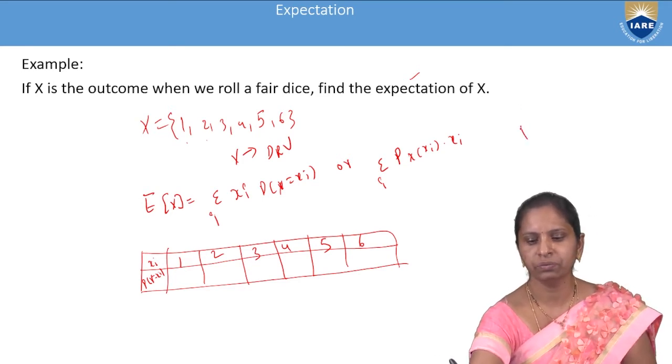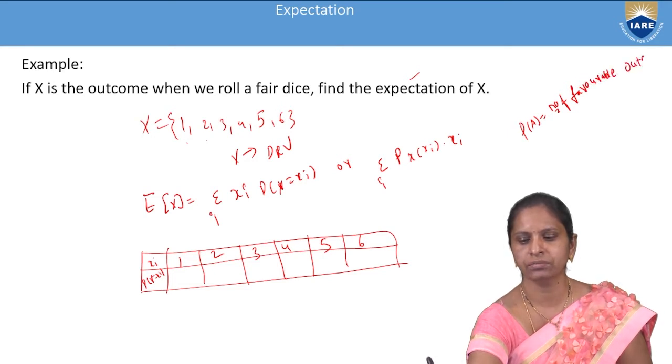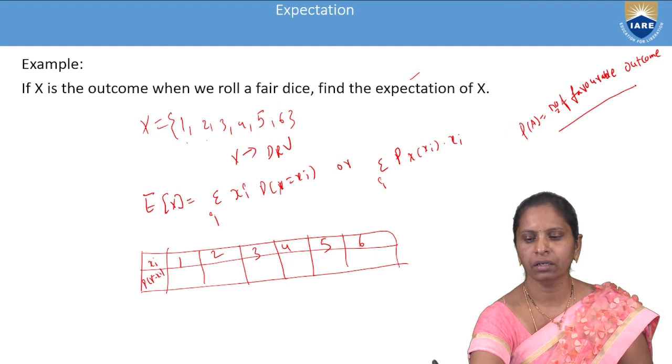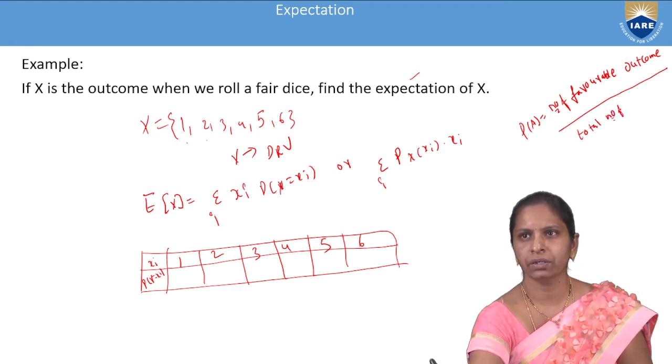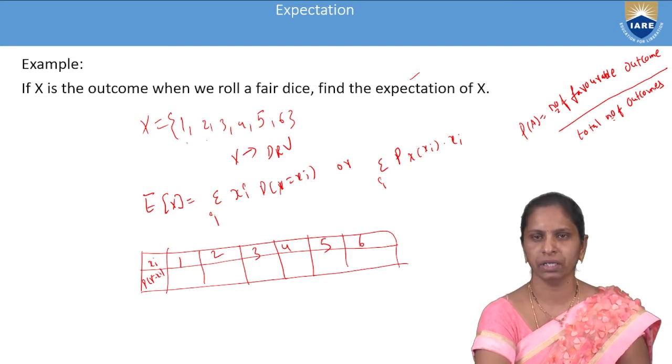What is the probability formula? The probability of any event is defined as the number of favorable outcomes by the total number of outcomes. This is the classical definition of probability.